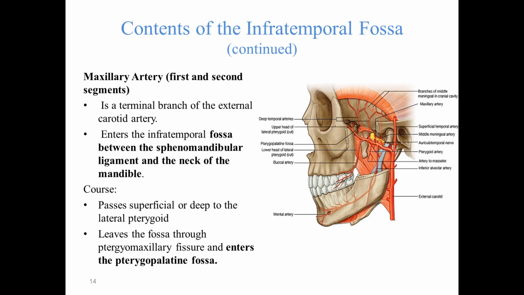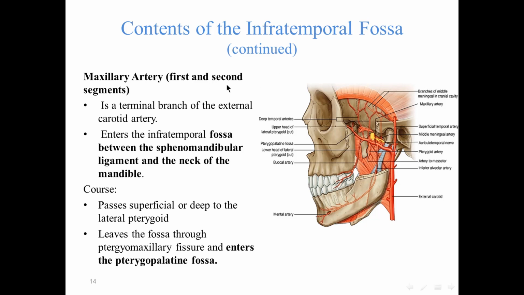Another content of the infratemporal fossa is the maxillary artery. This artery is a terminal branch of the external carotid artery, the larger terminal branch. The maxillary artery has three parts.